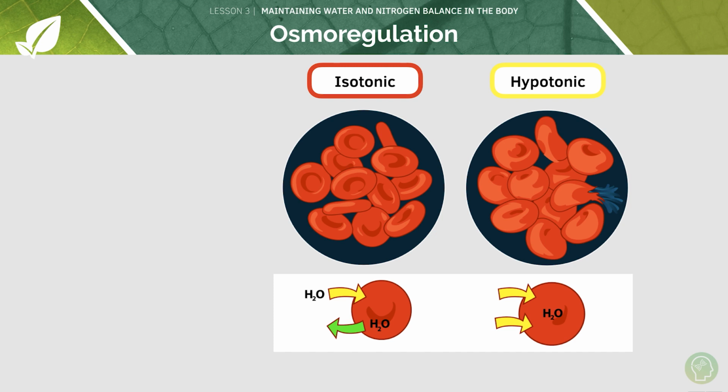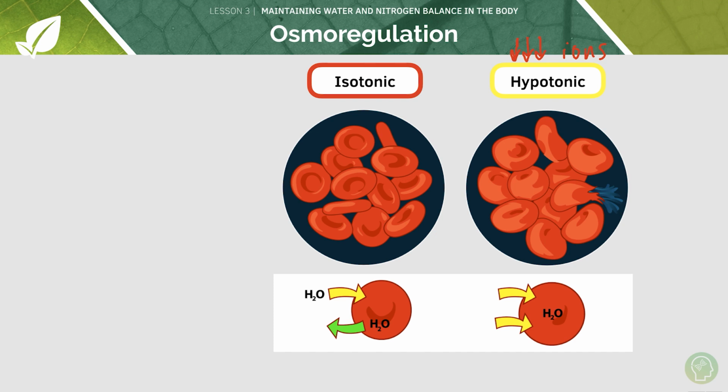And similarly, we're going to have the opposite of this in a hypotonic solution. So in a hypotonic solution, hypo means too low, and again, tonic means ions. So too low ion concentration outside of the red blood cell, and therefore we're going to have a higher water concentration outside of the red blood cell because there's fewer ions out there.